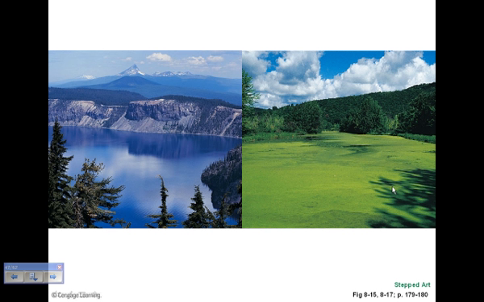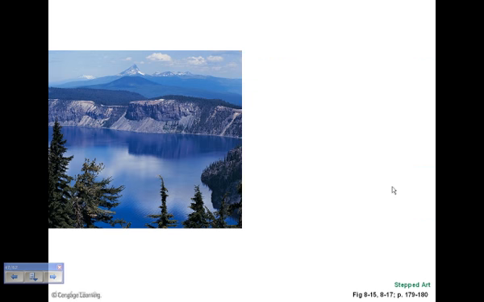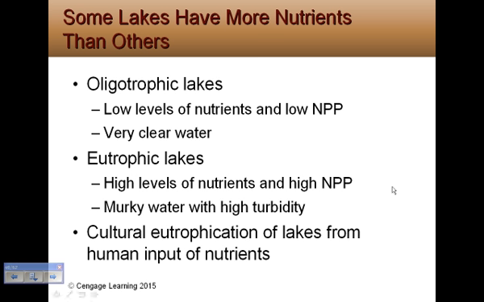Eutrophic lakes are going to be high in nutrients, and because of the output, they can have dead zones. But it's a balance with the photosynthetic productivity. If you have high photosynthetic rates, you're going to have large amounts of oxygen in there.